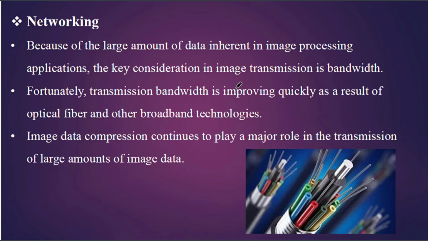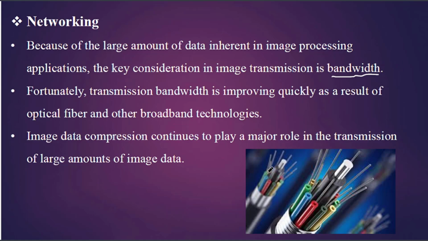When sending images, images occupy a large amount of data. For transmitting the images, the main consideration is bandwidth. We must have high bandwidth to send the images through the internet. No problem, we have optical fibers and other broadband technologies which provide the highest bandwidth for the transmission of images.